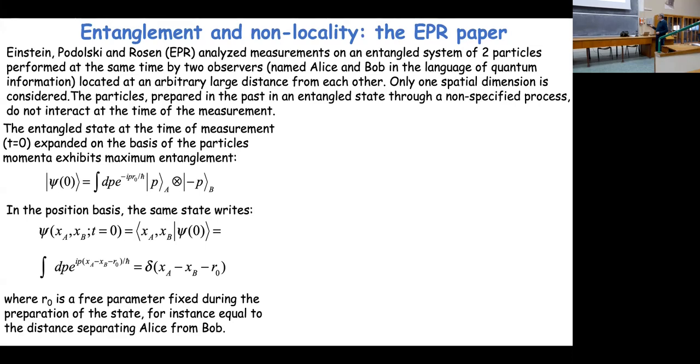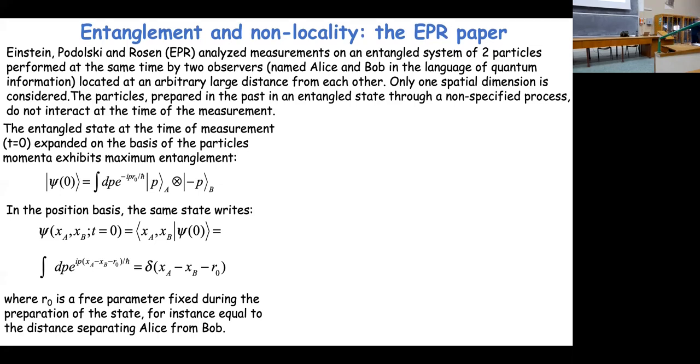And xa with p gives you e to the i p xa, xb with minus p gives you e to the minus i p xb, and you have this phase factor minus R0. And you see that the phase that you have here is such that when you integrate over p, you get just a delta of xa minus xb minus R0. This is a property of Fourier transform.